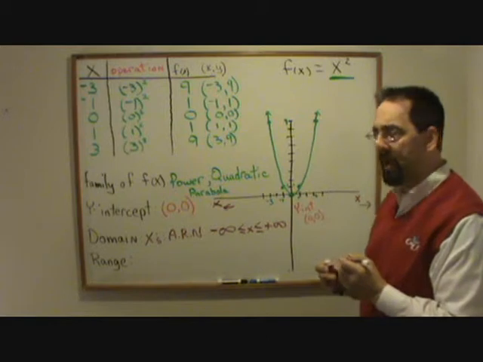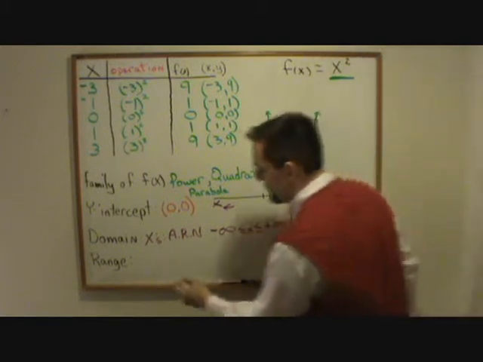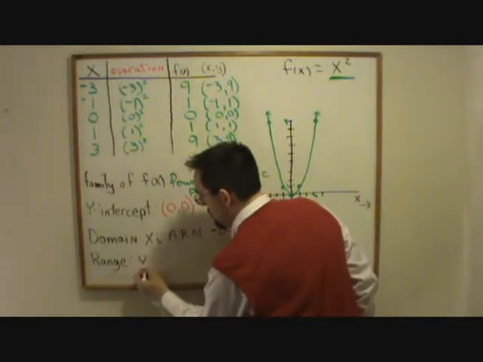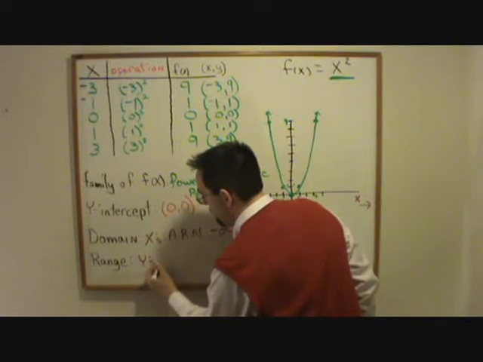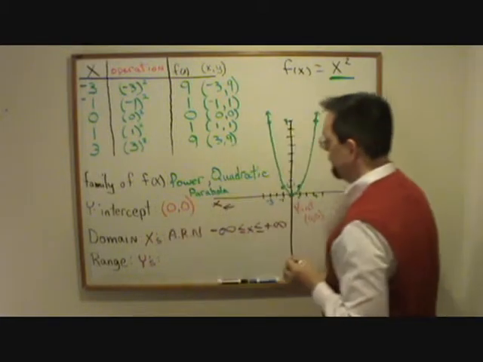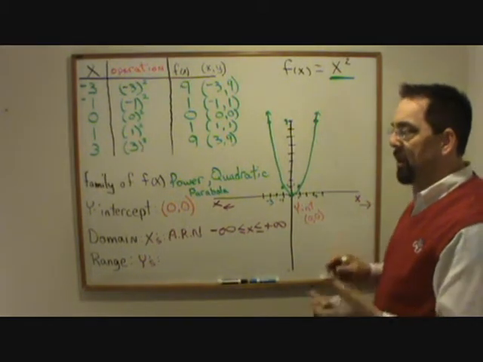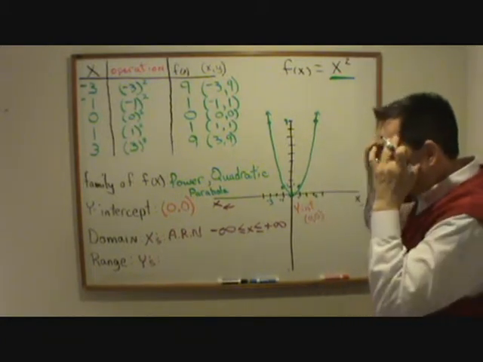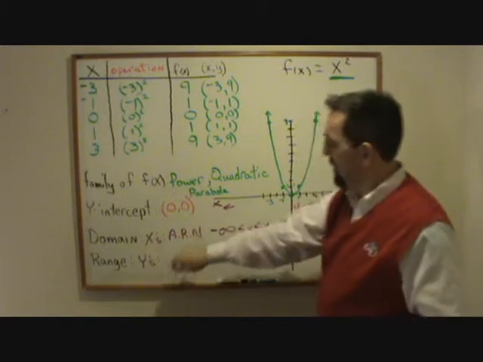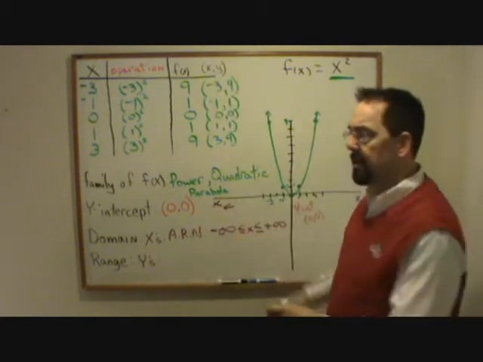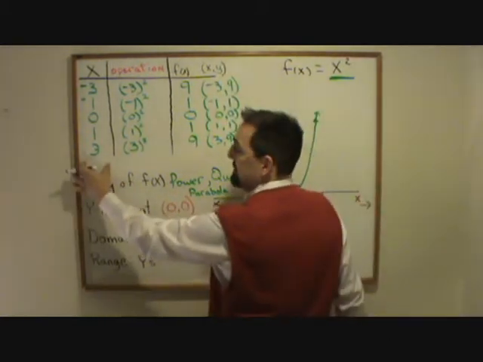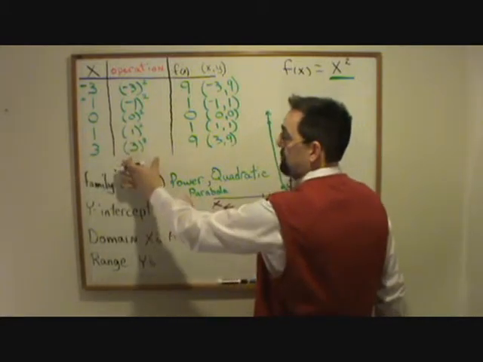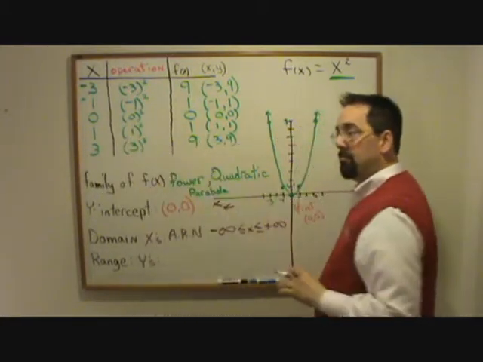Now let's talk about the range, the y values. Now this one's a little bit trickier, and this is why I always like to make sure I sketch it so I can picture what's happening. What we want to find is the outputs. For all the given x's that we put in, we do the operation, what is the output?